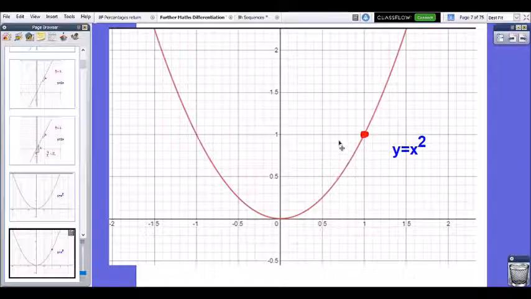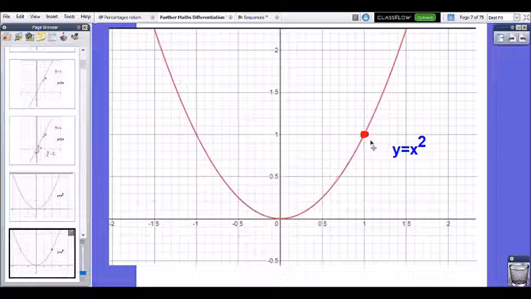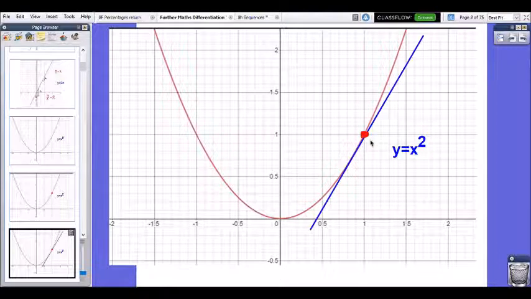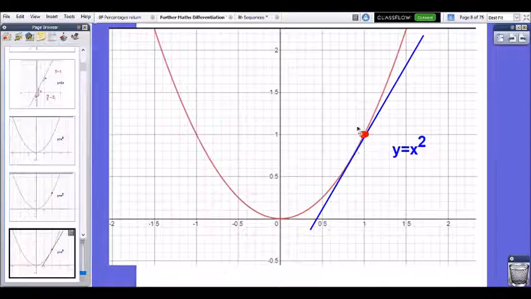So for example, let's take this point here. Would you agree that at this point, the steepness of the curve is going upwards? We would say the gradient is positive. That's because if I were to draw a tangent to the curve at that particular point, this linear tangent would have a positive gradient because it's going upwards.